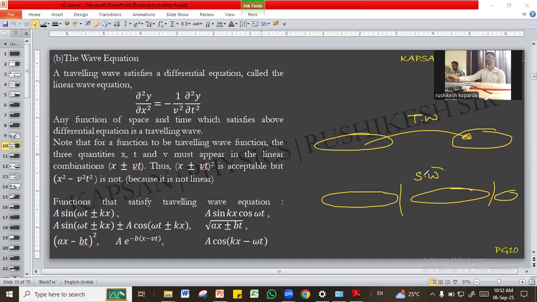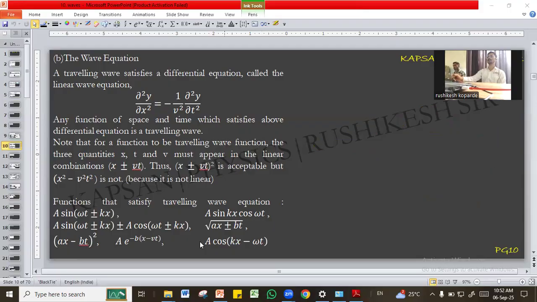Traveling waves means energy present in one region is transferred to the neighboring region or the next region. But here, energy which is present in this region will stay in this region. So those waves are called standing waves. More about standing waves we will learn in this chapter after some time.